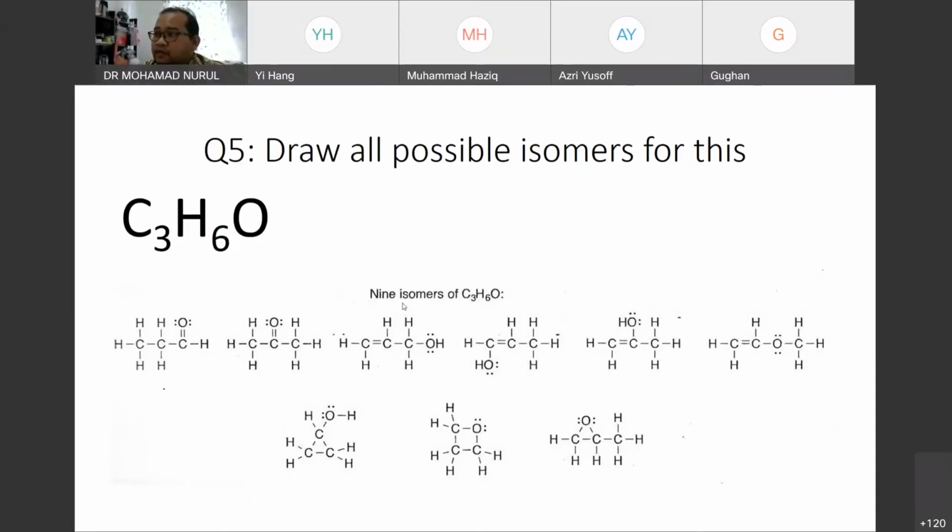And this is the answer for these possible isomers. The easiest way is to try and error to make sure this is not a similar compound. So this is a ketone. And this is an aldehyde.